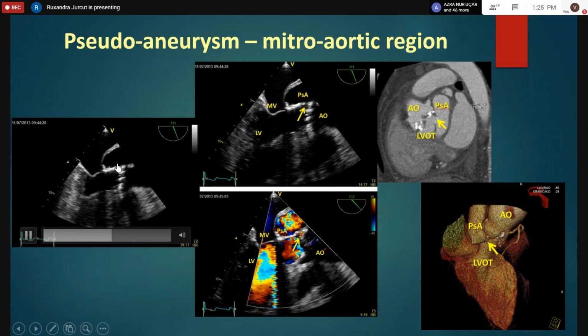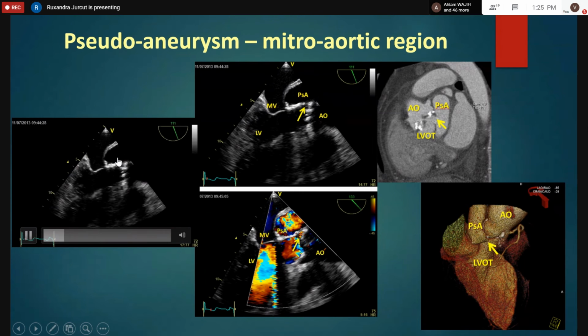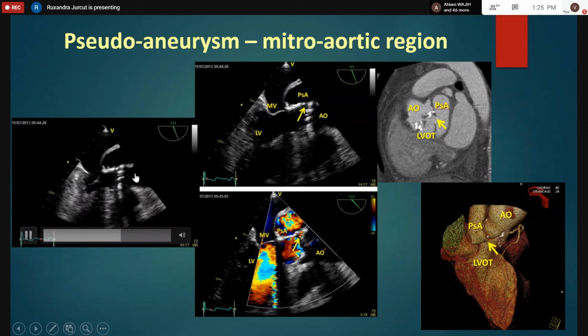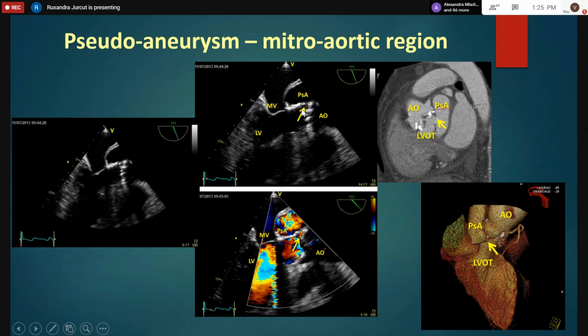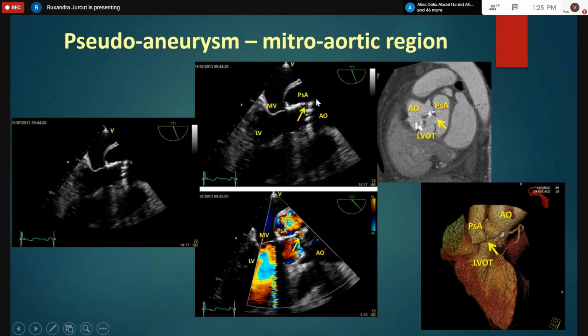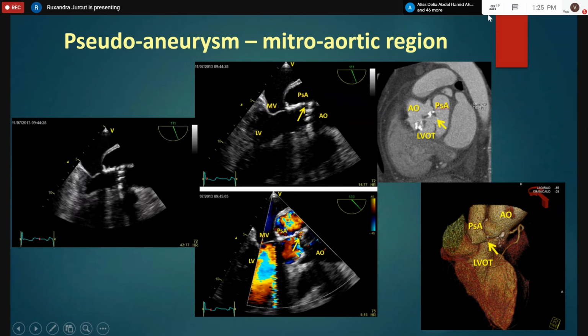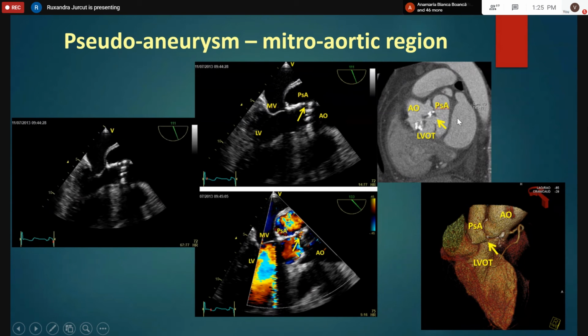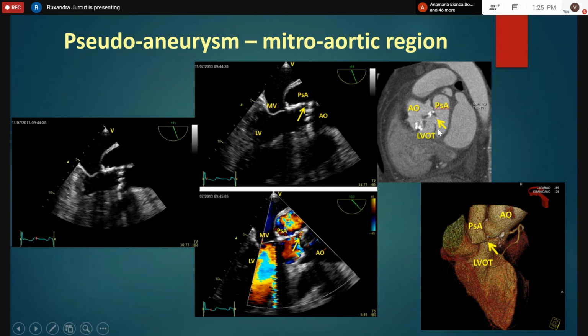And with a small communication, if you see, it is like a small door, and it's sort of moving a little. And this is the communication of the pseudoaneurysm. But with echo, we only see this part of it. We don't see it completely, let's say. And CT was able to describe exactly the extent of this pseudoaneurysm.